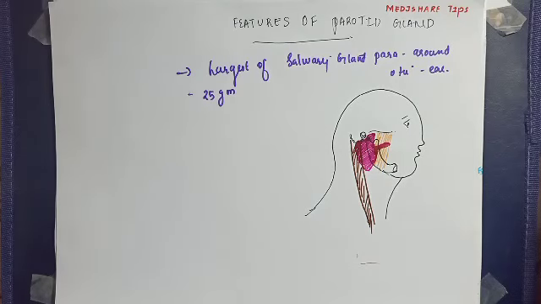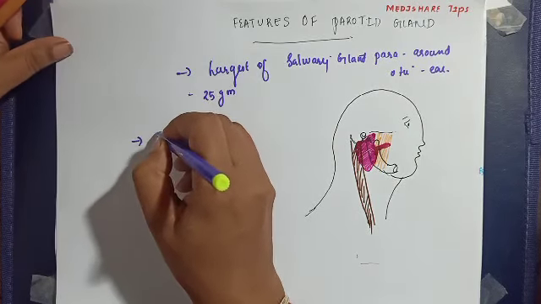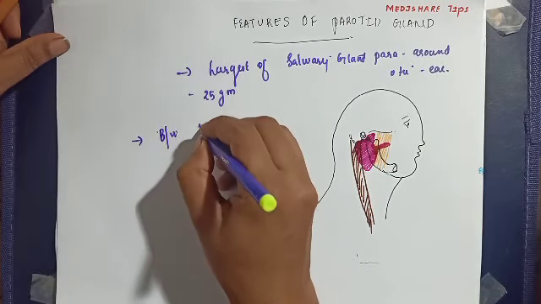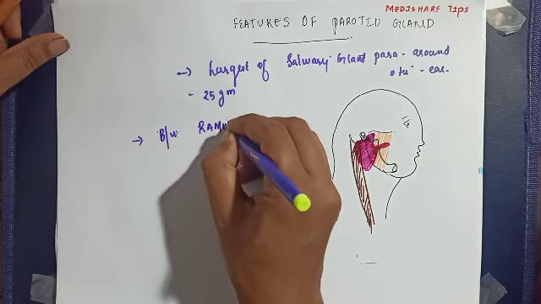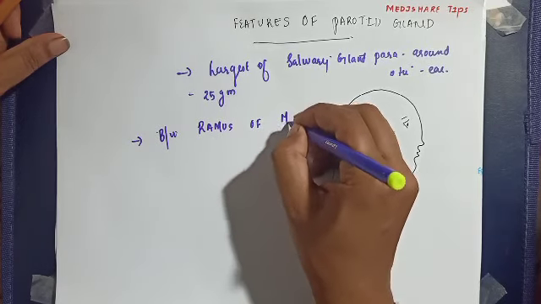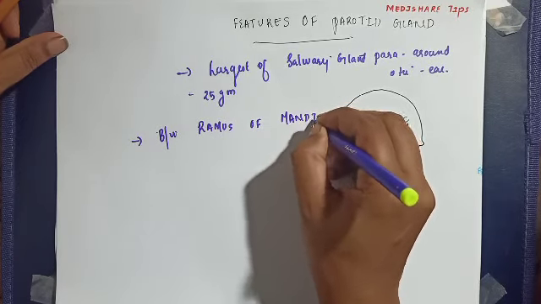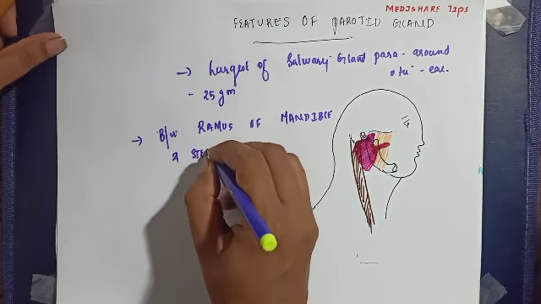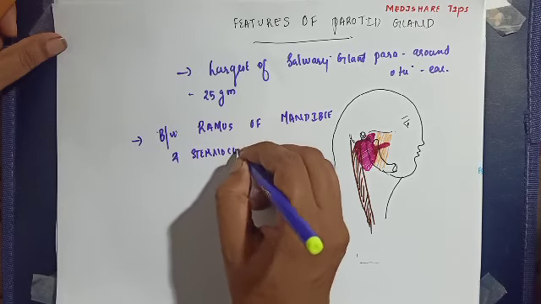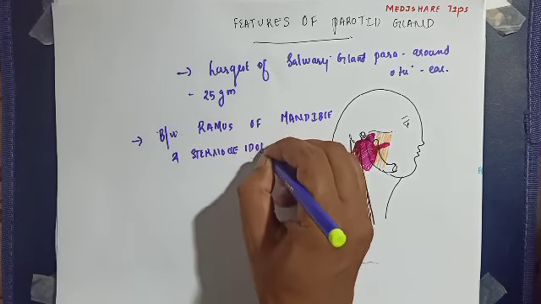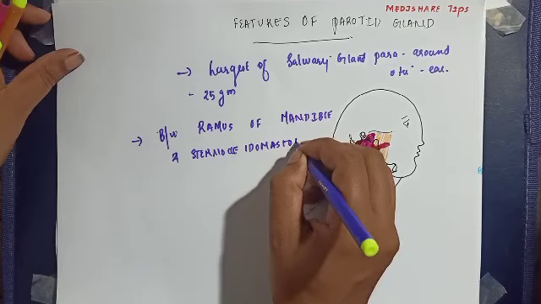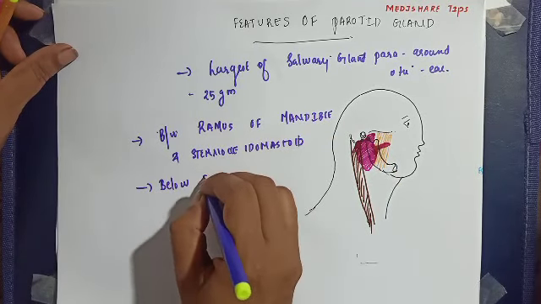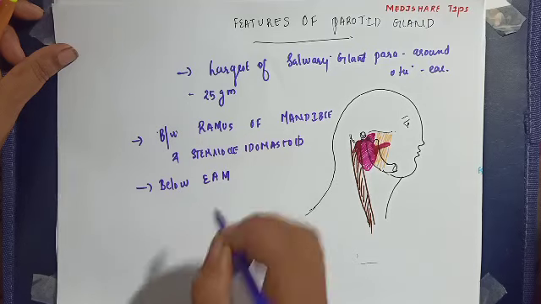About the location of this gland, it is located between which structures? That is the ramus of mandible and sternocleidomastoid, and it is situated below the external acoustic meatus, EAM.